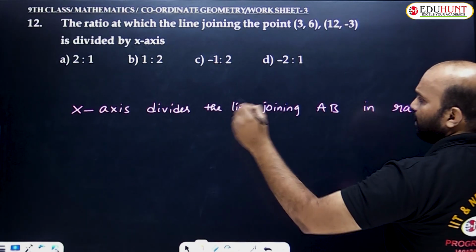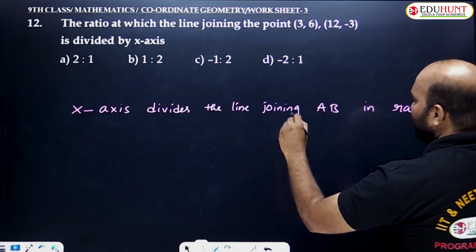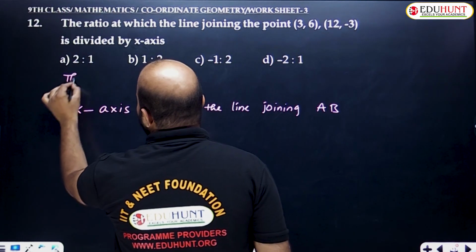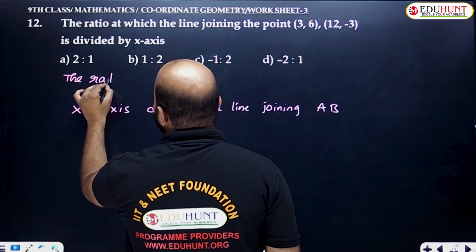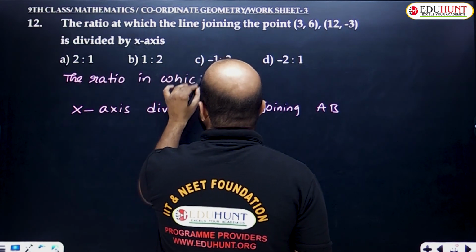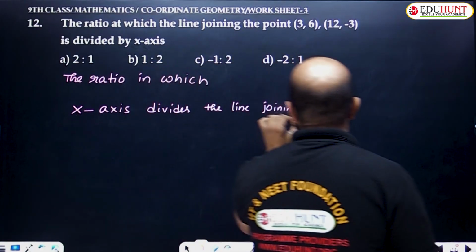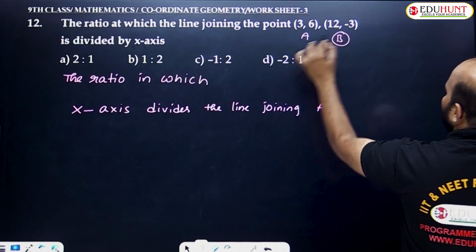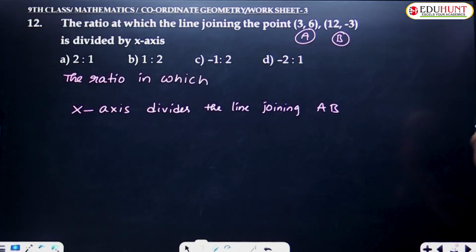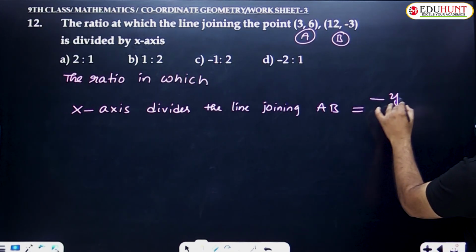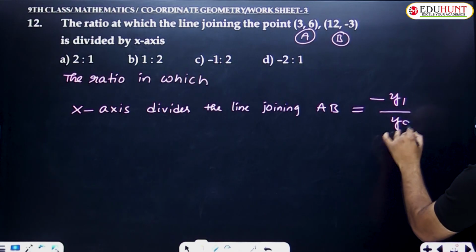That means at what ratio the x-axis divides the line joining points A and B. Here this is A and this is B. The A and B coordinates are already given: (3, 6) and (12, -3). So what is the formula? Minus y1 by y2. This is the direct formula.